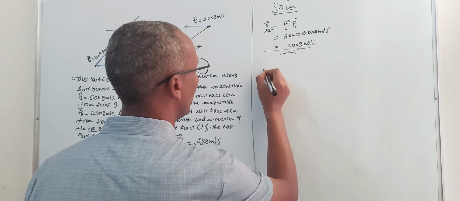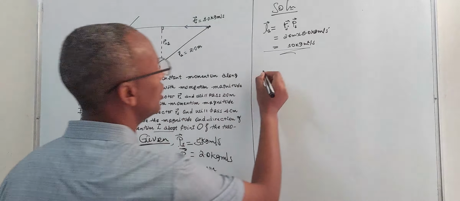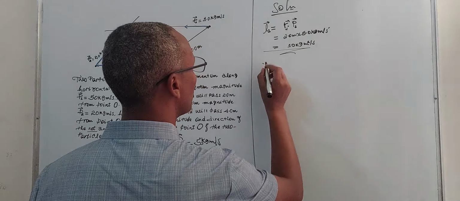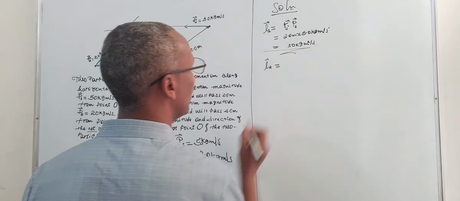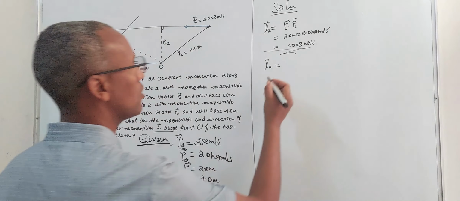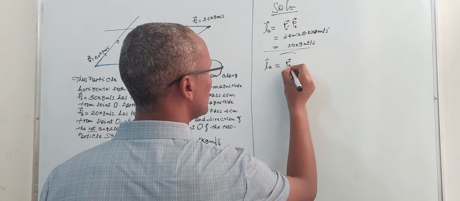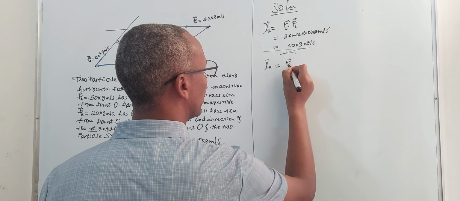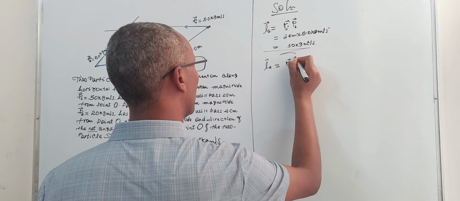Now, to find the angular momentum for particle 2, we can use L2 is equal to the position vector multiplied with the linear momentum.